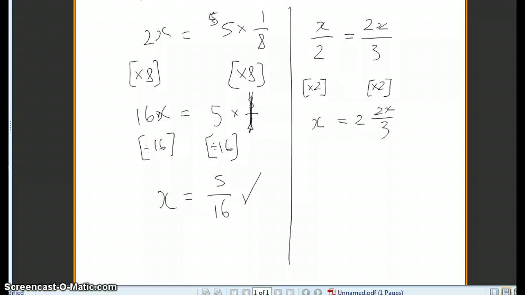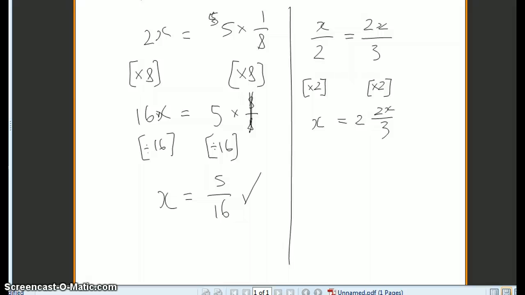So, hey, look at that. I was going to say I've got x by itself, but there are x's on both sides of the equation. So the principle when there's x's on both sides is to try and collect them on the same side.